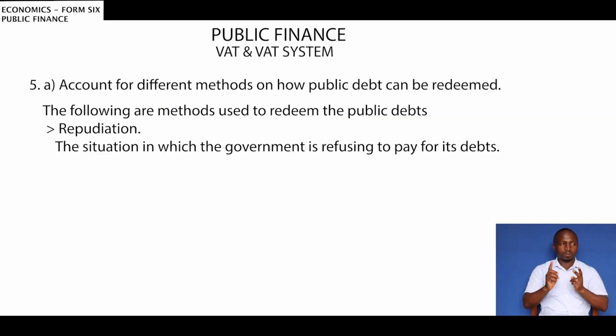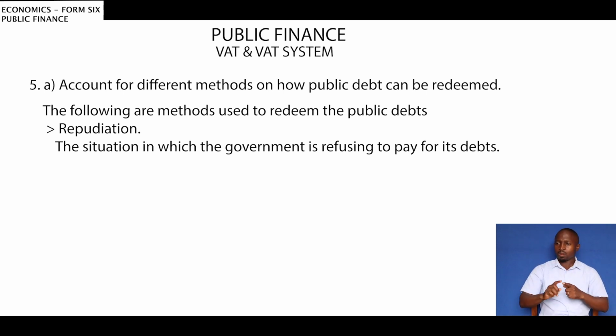is repudiation. Repudiation is the situation in which the government refuses to pay its debt. In this, the government may decide not to pay the debts, by force or by enemies. We don't have money, so we are not going to pay, even if the government loses its credibility.